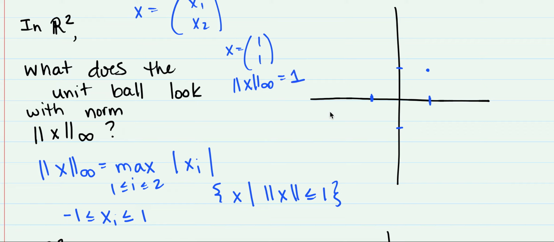And so that would belong to the unit ball. In fact, the unit ball would look like a square. So the set of all vectors that have length 1 or less is this square in R2, if when we say length 1, we're talking about this infinity norm or the sup norm.